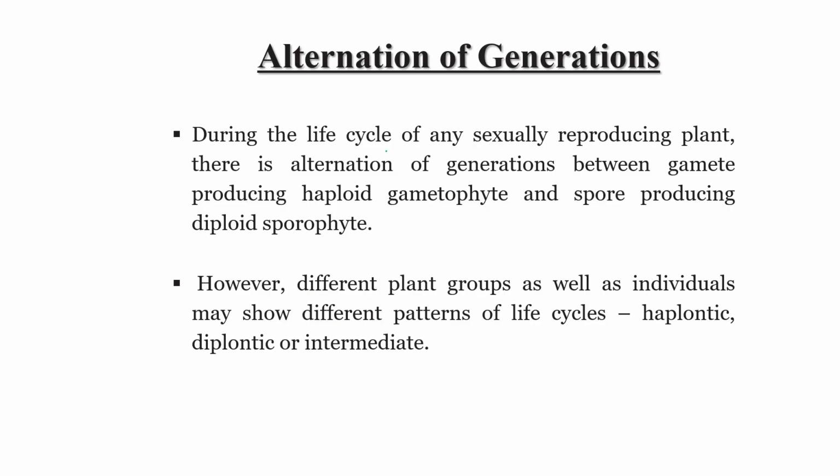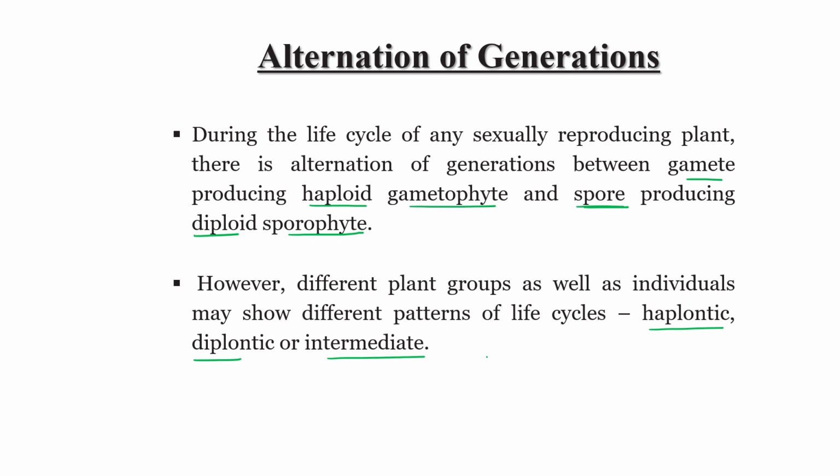Now, alternation of generation. During the life cycle of any sexually reproducing plant, there is alternation of generation between the gamete-producing haploid gametophyte and the spore-producing diploid sporophyte. However, different plant groups as well as individuals may show different patterns of life cycle, like haplontic, diplontic or intermediate.